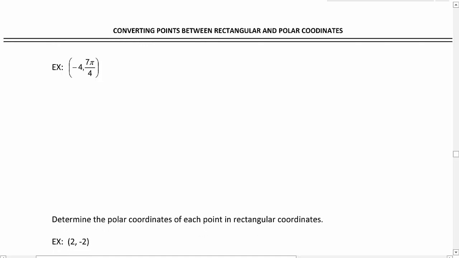Next, let's convert (-4, 7 pi over 4) to rectangular coordinates using the same two formulas. x is going to be equal to r times cosine of theta, and y is going to be equal to r times sine of theta.